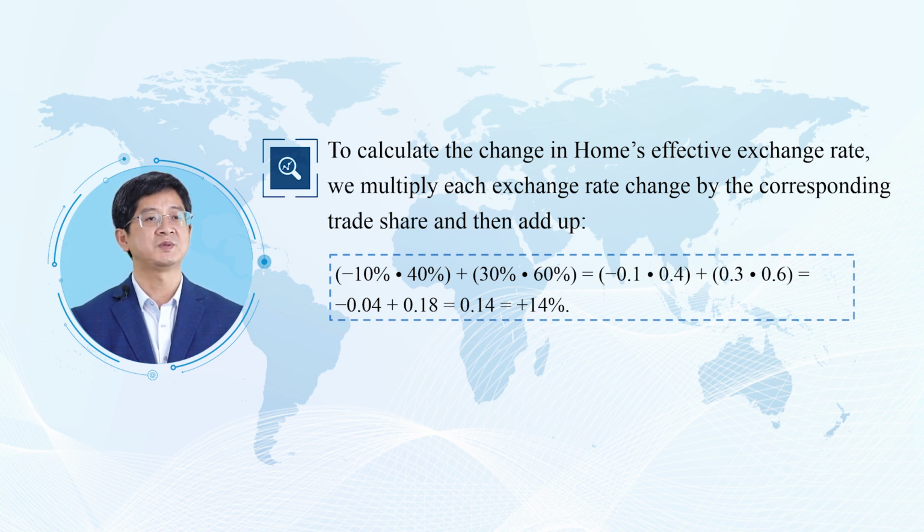The quantity of minus 10% times 40% plus the quantity of 30% times 60% is equal to minus 0.04 plus 0.18, equal to 0.14, or positive 14%.